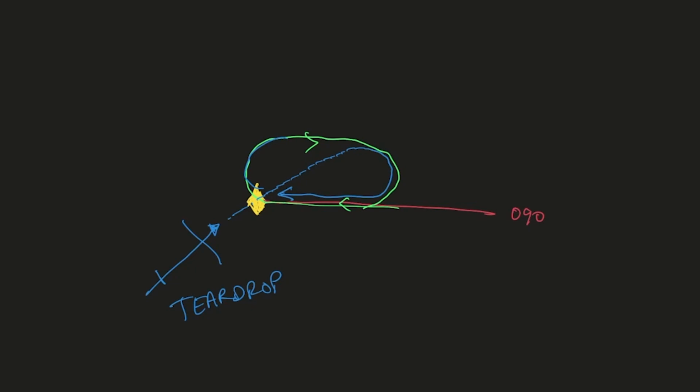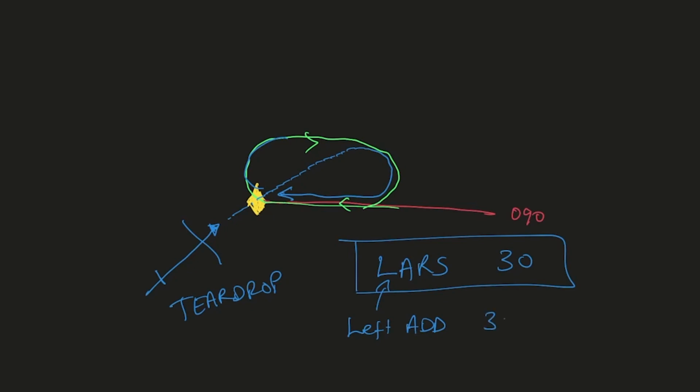There's a saying, Lars is 30 years old. Lars is 30. If you're doing a left-hand turn, you add 30 degrees to the heading you are flying. If you're doing right-hand turns, which is standard, you'd subtract 30 from the radial.